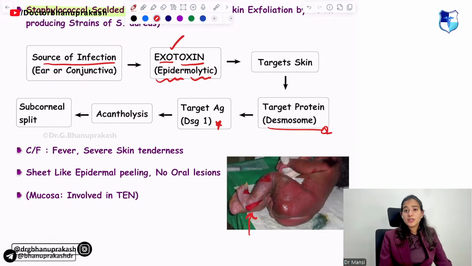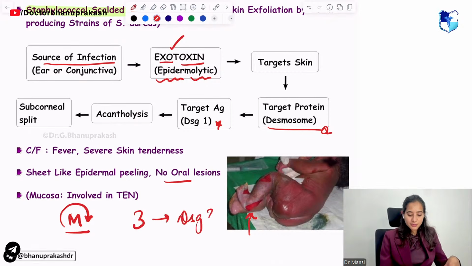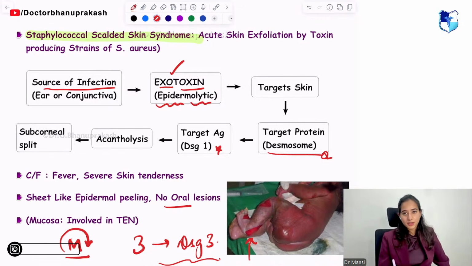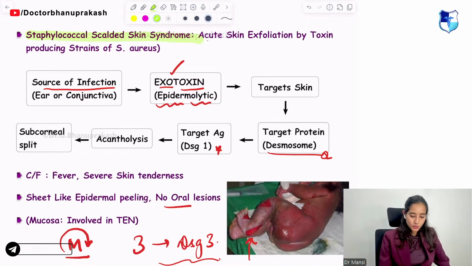There will not be any oral lesions, because for the mouth you can remember, just flip 1 to 3. Desmoglein 3 is expressed in the oral mucosa. Since in staphylococcal scalded skin syndrome, Staphylococcus aureus is just targeting desmoglein 1, not 3, that is why there are no oral lesions.